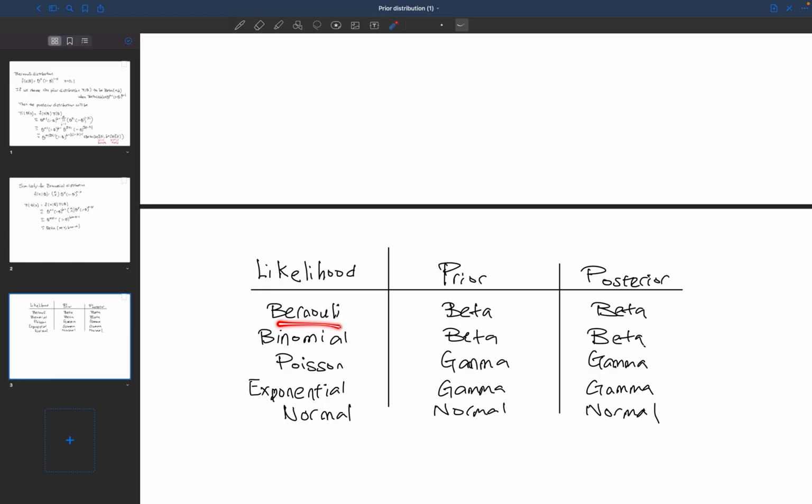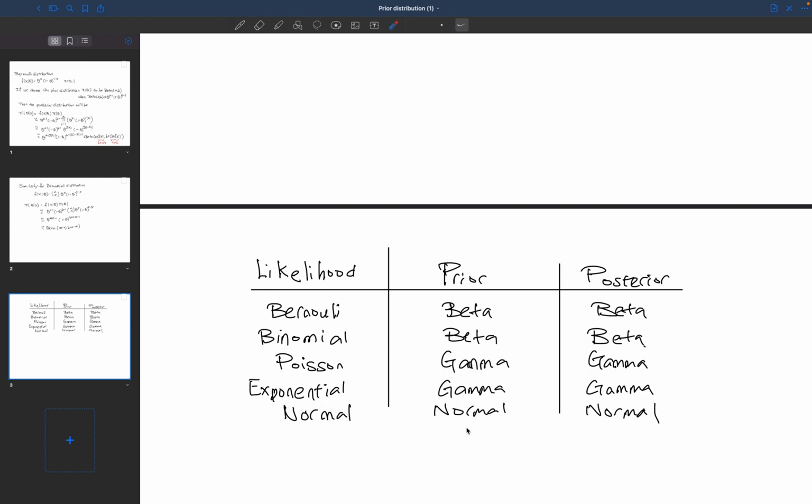For Bernoulli and binomial, we have the beta distribution. For Poisson and exponential, the conjugate prior is gamma. And for normal with unknown mean, the conjugate prior is also a normal distribution.